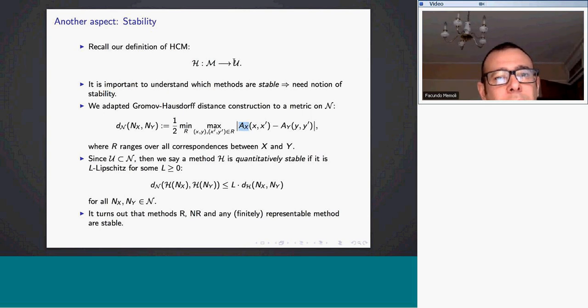Now, we are talking about methods that take a network and map into finite metric spaces.